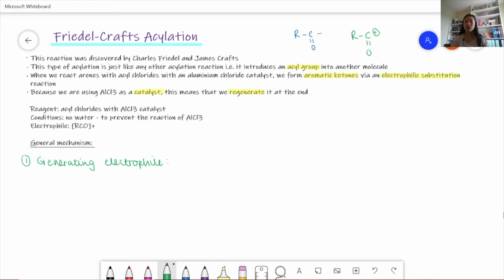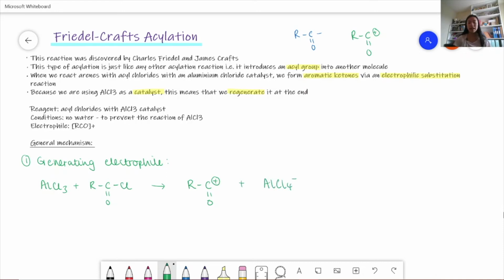And what we do is we react the catalyst, AlCl3, with our acyl chloride. So I'm going to write it as RC=OCl. And so what this forms is the electrophile we want, so this RC=O with the positive charge on the carbon. And it also forms AlCl4-.